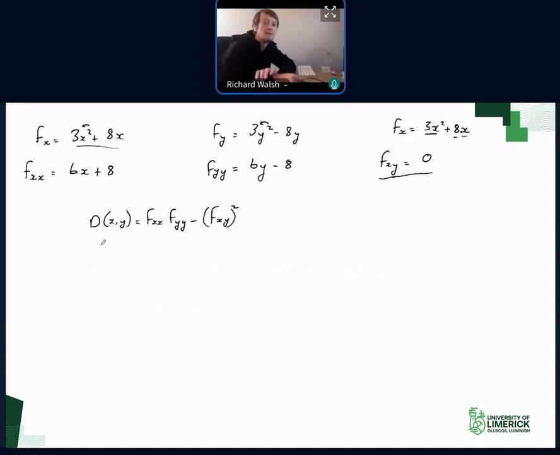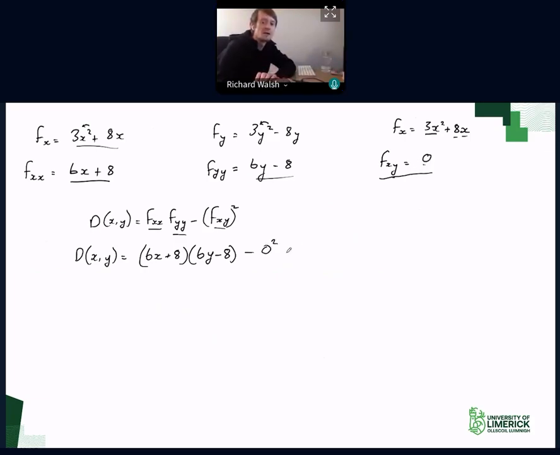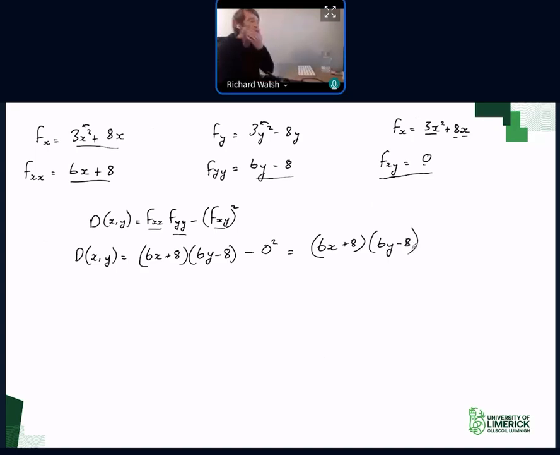You could write it as that if you want. f_xx is 6x plus 8 times f_yy, which is 6y minus 8, minus the mixed partial squared, which is just 0 squared. So in total, I'll just leave it like this. I won't bother multiplying it out, though you could if you wanted. So that's our D that we're going to use to test the points.